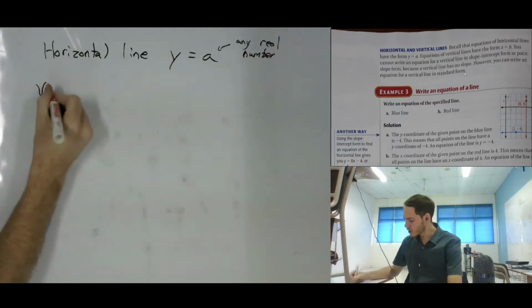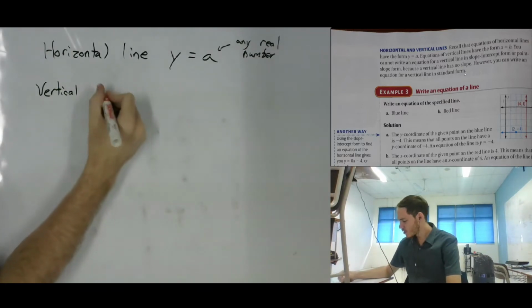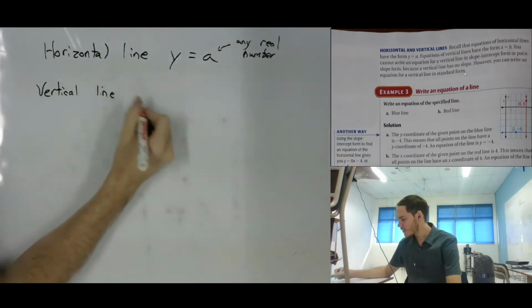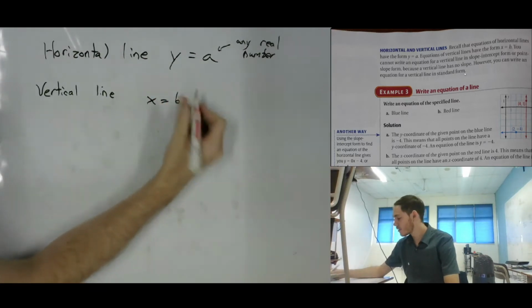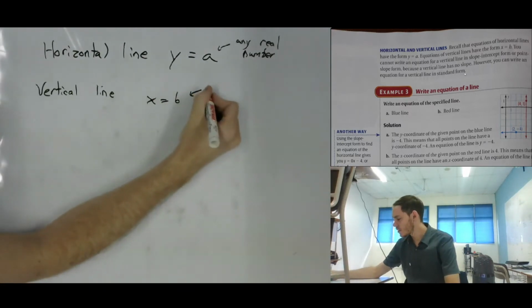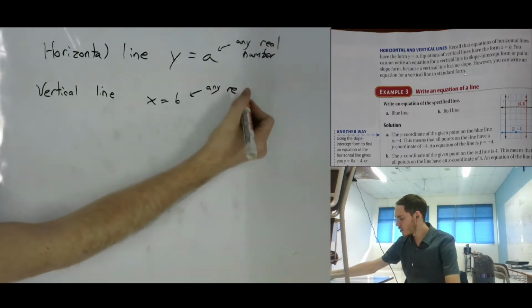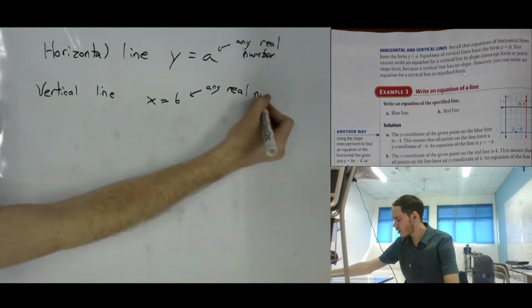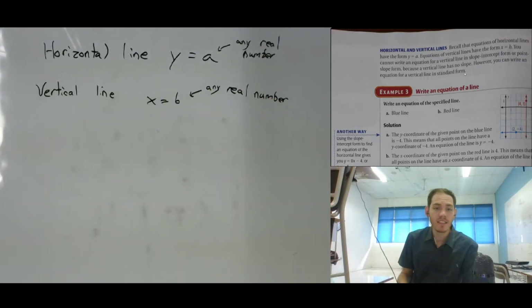So what is a vertical line? If a horizontal line is y equals, then a vertical line is x equals some number, any real number. Okay, so y equals a number is a horizontal line. x equals is a vertical line.